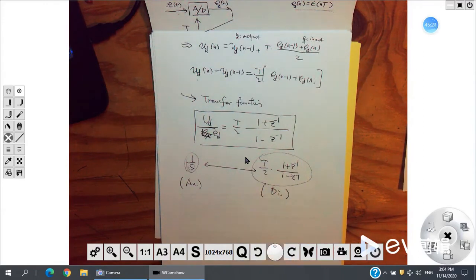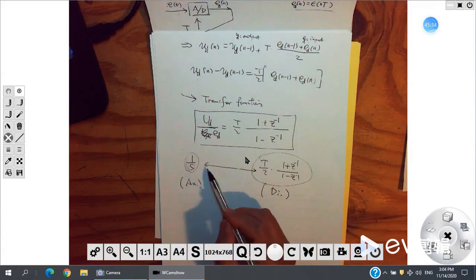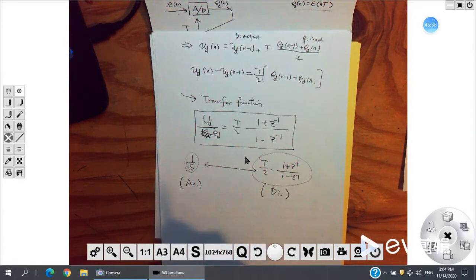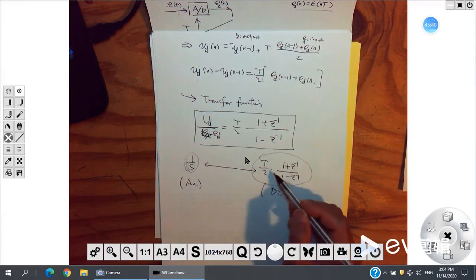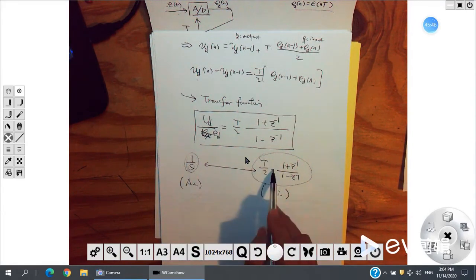We know the structure, right? Recall the structure of a system. The system can be built by 1 over s, a constant gain, or a summation. As for constant gain and the summation, you do not need to make any change. Just change 1 over s to this one, that will be fine.